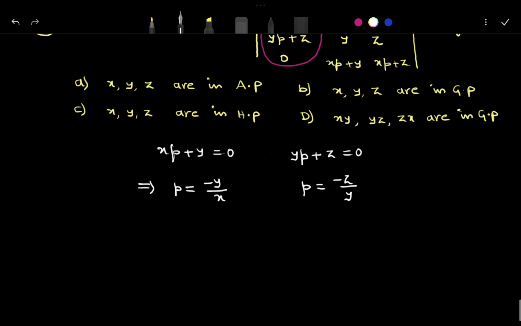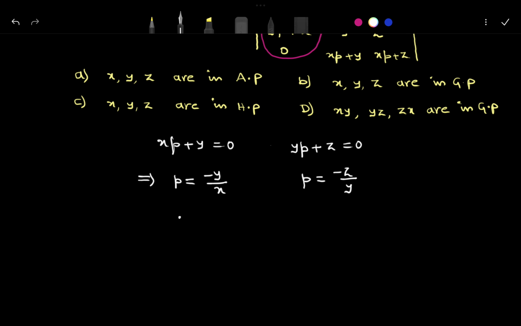Here both are p values, therefore you can write that minus y by x is equal to minus z by y. Here minus and minus will be cancelled. So what is the remaining value? y by x is equal to z by y.